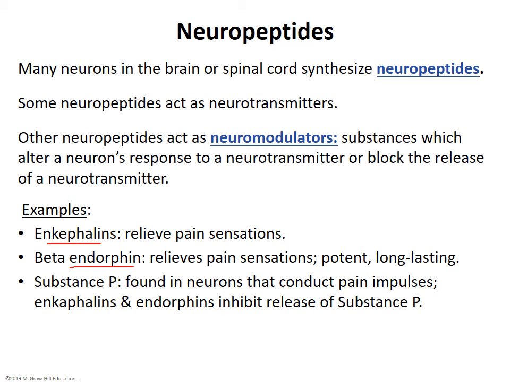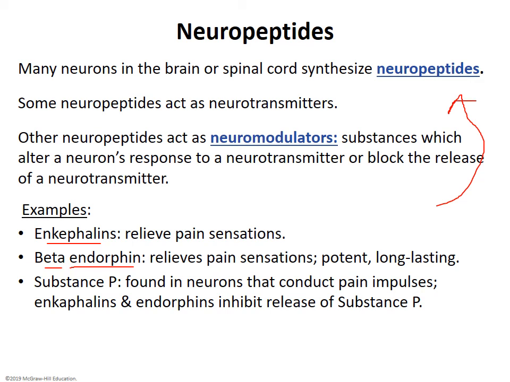Now, not only does the ice help release the enkephalins and these beta endorphins, it also is going to produce the fibroblasts to come in and start remodeling and have a lot of different good things that happen. The heat's not doing any of that. So anyway, the enkephalins and beta endorphins are what we refer to as neuropeptides.